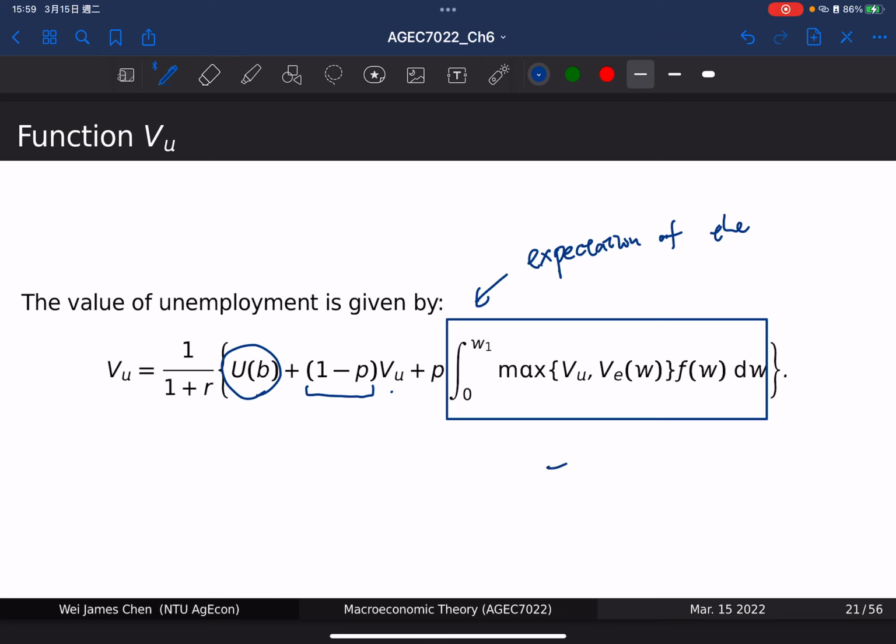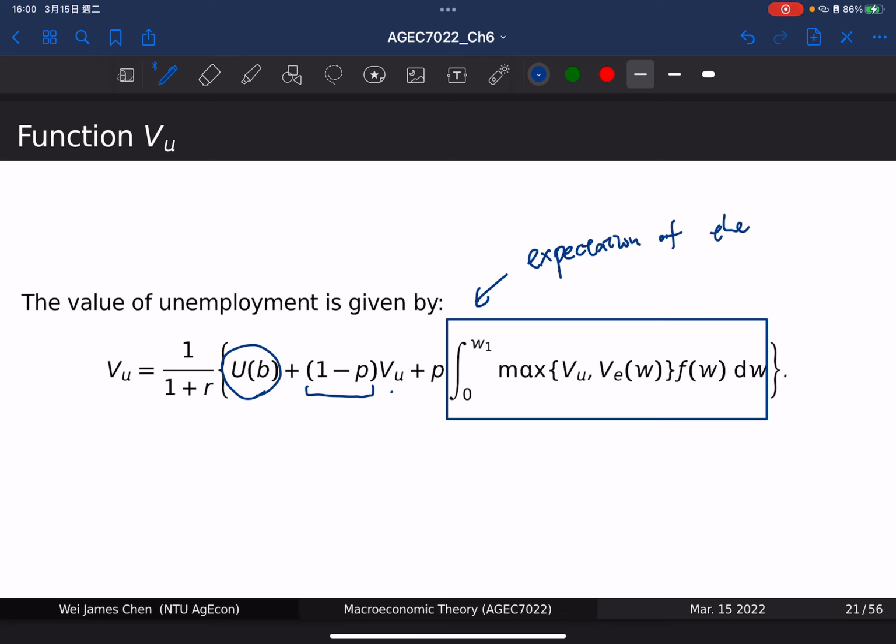This is basically the expected value of VE of W, because I'm not sure what kind of offer I will receive. I need to take it in expectation. And because this is a continuous variable, the expectation takes the form of an integral.